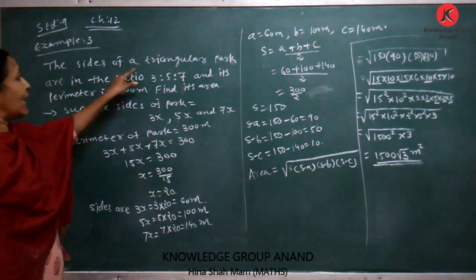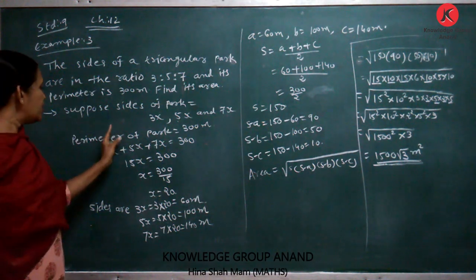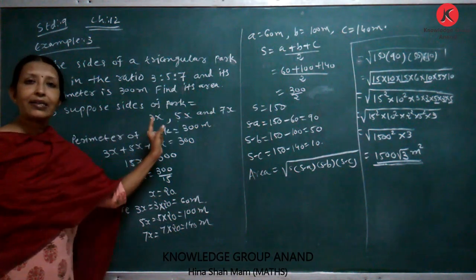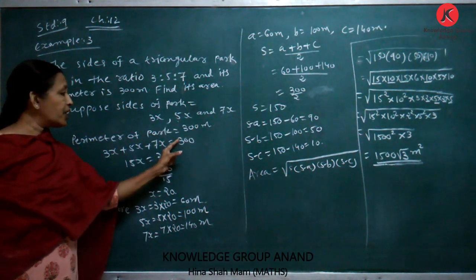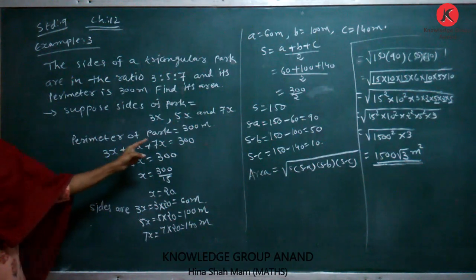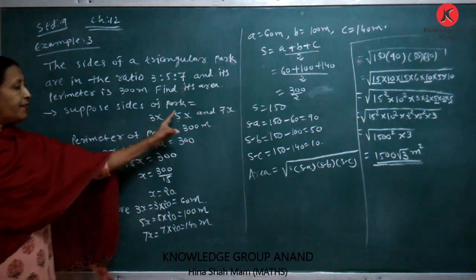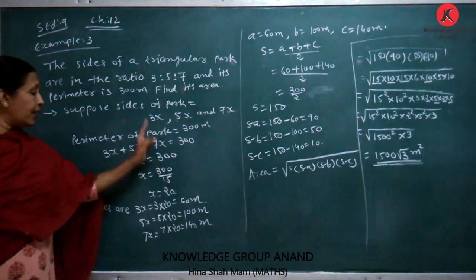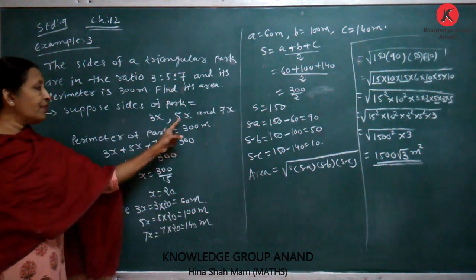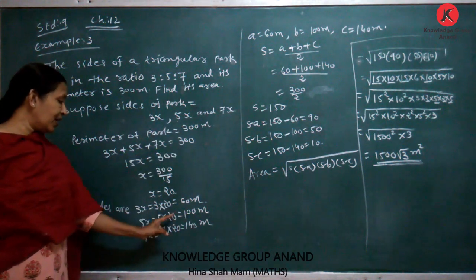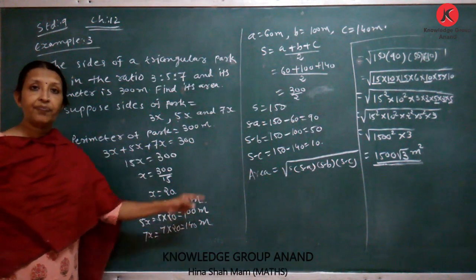Okay. Sides are in ratio 3:5:7. Then we say, suppose sides of the park are 3x, 5x, 7x. Perimeter is equal to 300. Then 3x plus 5x plus 7x is equal to 300. X is equal to 20. Then find all sides: 60, 100 and 140.